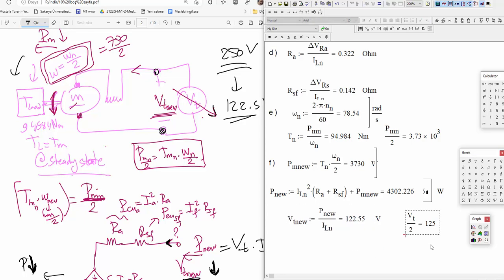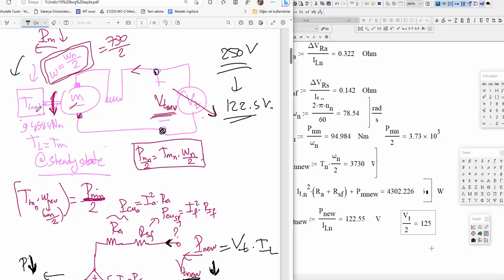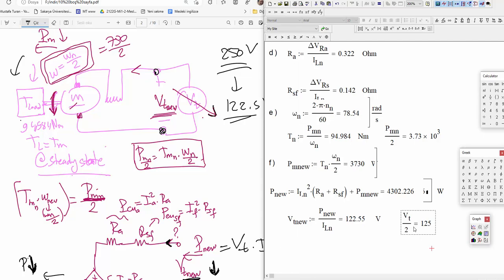There is no linear relation between them. I mean, to decrease output power to half of its rated value, it doesn't necessarily mean that you should decrease supply voltage to its half value. Please take care. That is the result.